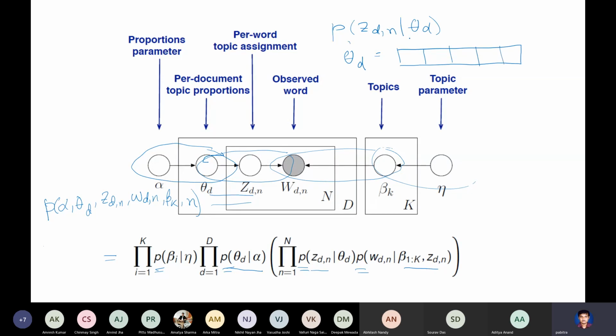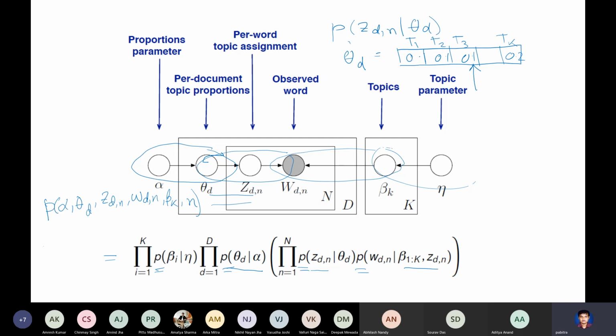I have topics T1, T2, T3 up to Tk. And the topic proportion of document d is, let's say, 0.1, 0.1, 0.1, 0.2. This is given. In this particular probability, this distribution is given. What is z dn? z dn is an integer. It is one particular topic drawn according to this distribution.